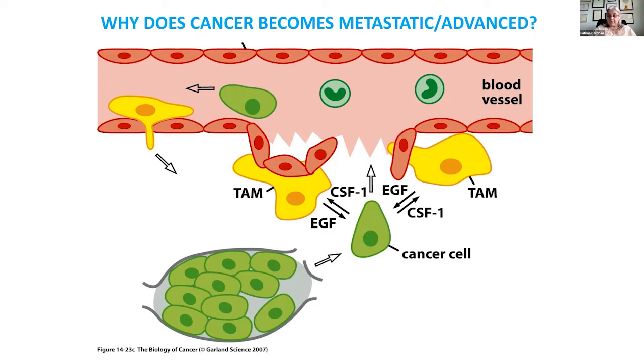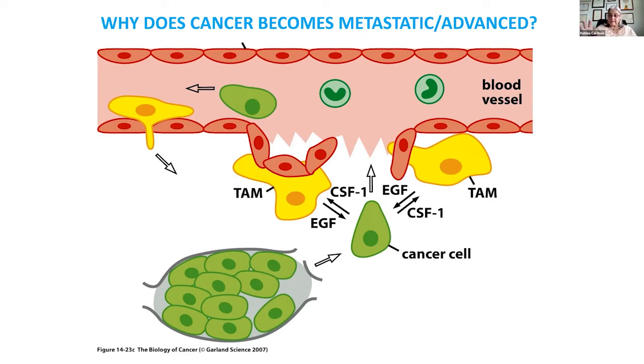That's one of the characteristics of a cancer cell. But they also gain the capacity of invasion. They are able to invade the tissues around them, including the blood vessels and the lymphatic vessels. And that's why they go into circulation.